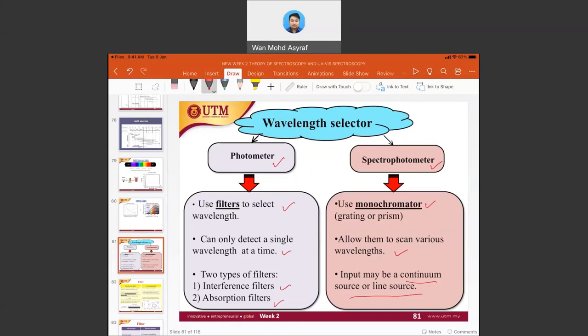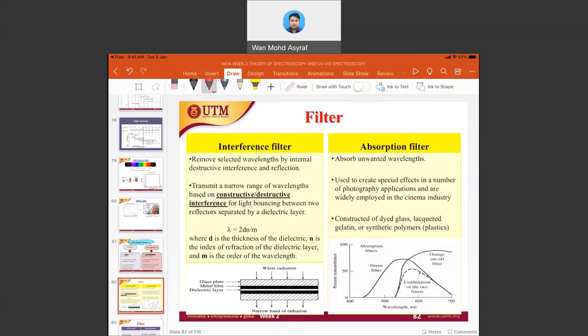So the second exercise for this lecture is that I want you to use your own words. Okay, don't follow the notes. Use your own words, your own understanding, in terms of differentiating between interference filter and absorption filter. Okay, use your own words as usual.